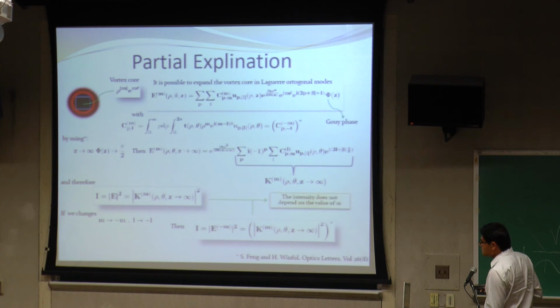If we use zeta equal to 0, the Gauss phase, the Gauss transform in this distribution, and they have the intensity distribution, we obtain that it is not important: if we change the sign, it is the same intensity distribution.